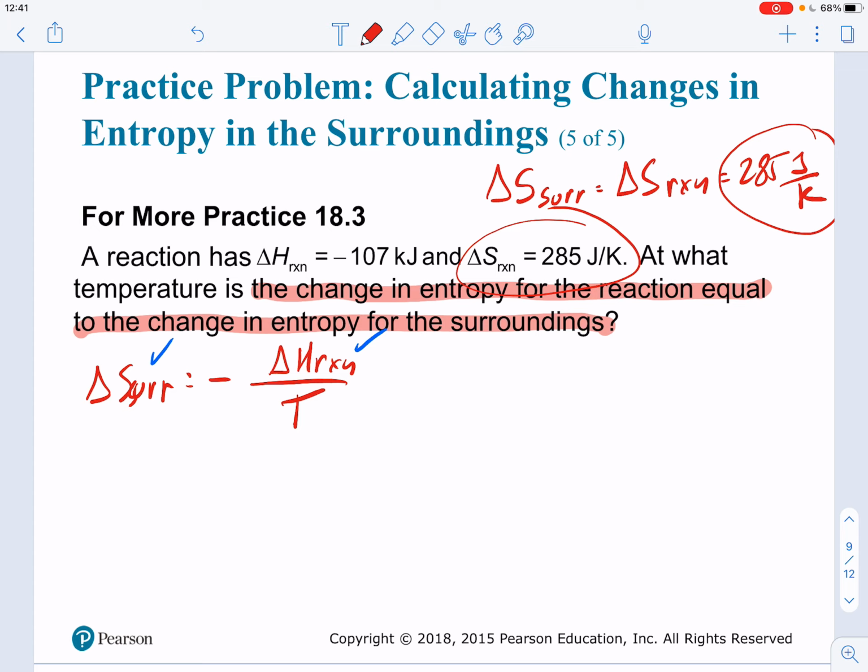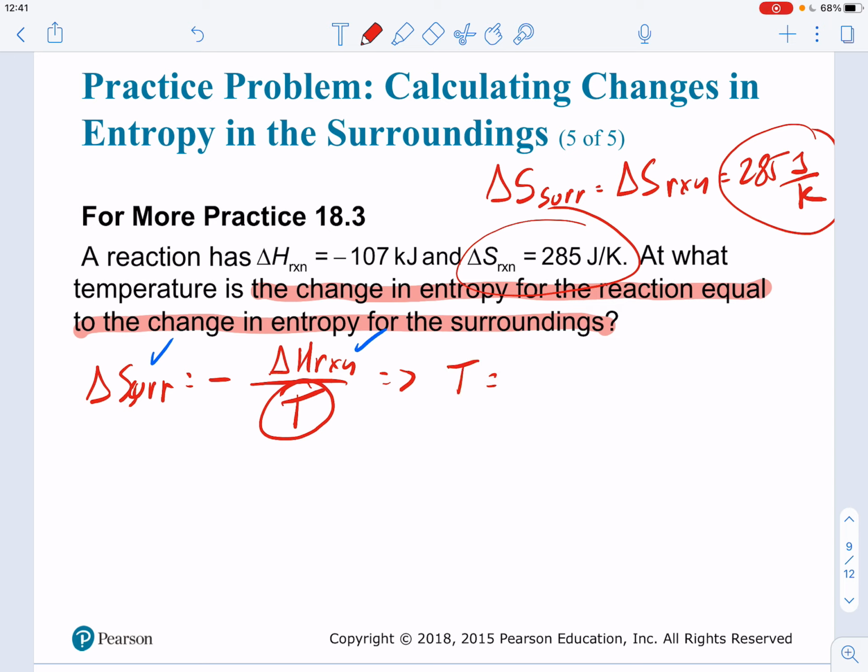Why 285? Because we want to know when the change in entropy for the surroundings is equal to the change in entropy for the reaction. So technically, all we have to do is solve for T.